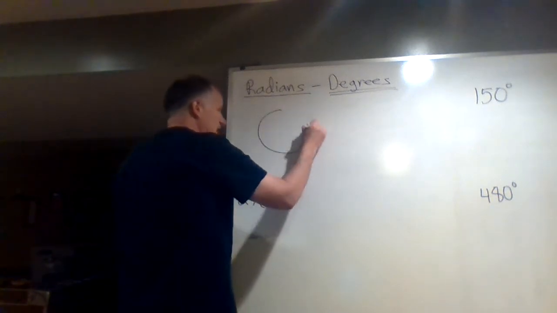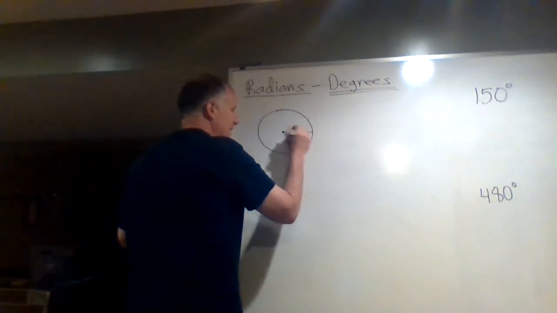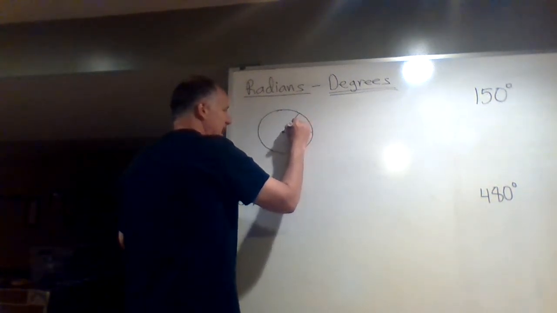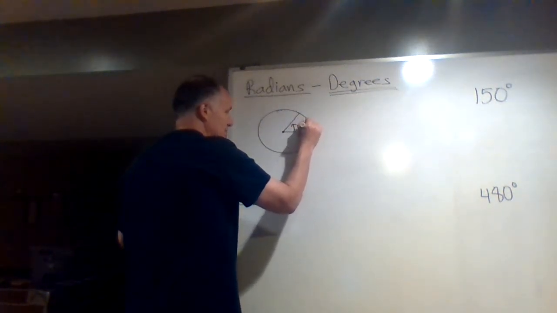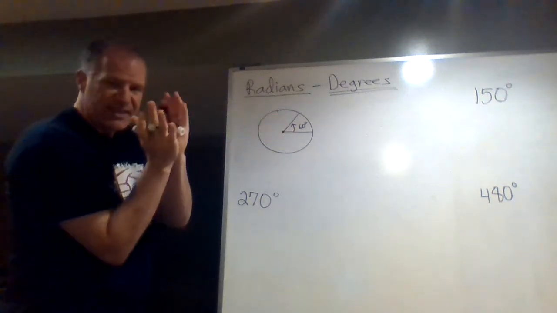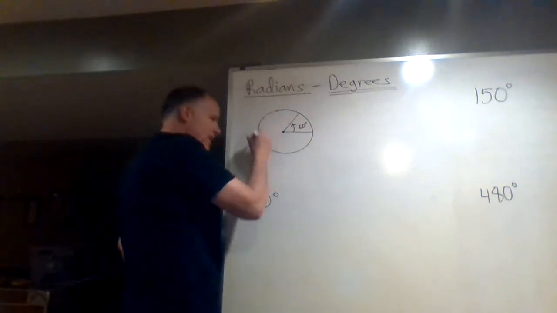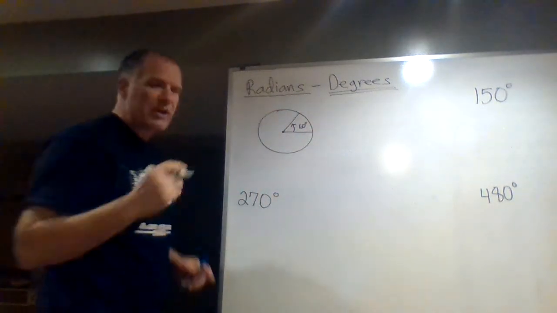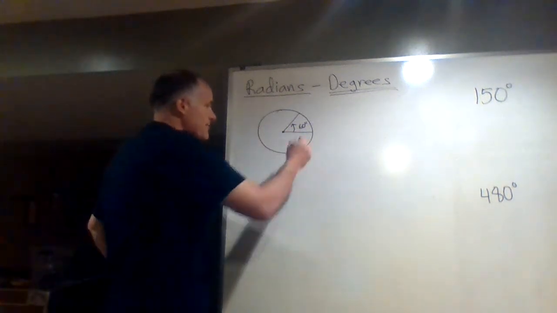When you were doing geometry, if I had the center here, I could say this angle right here is 60 degrees. We also know all the way around is 360, halfway is 180. We know angles by degrees.